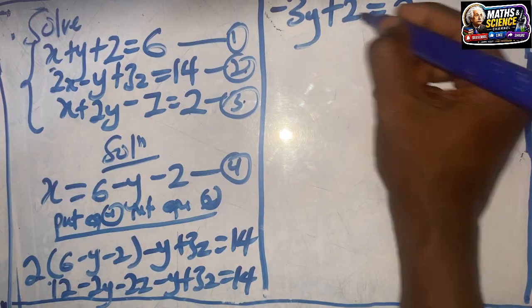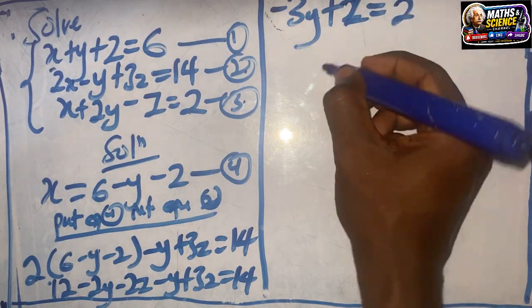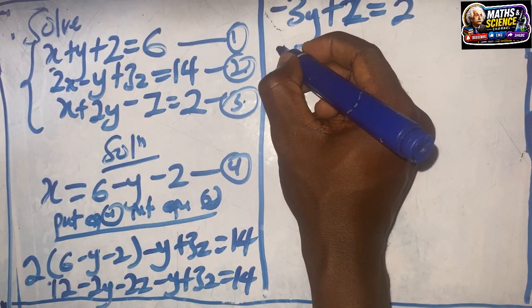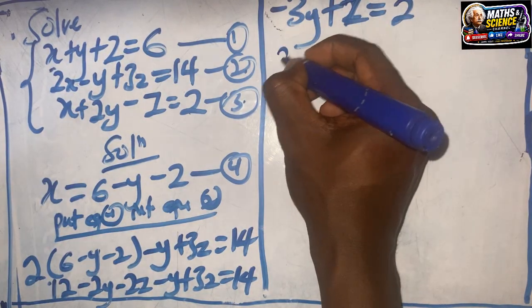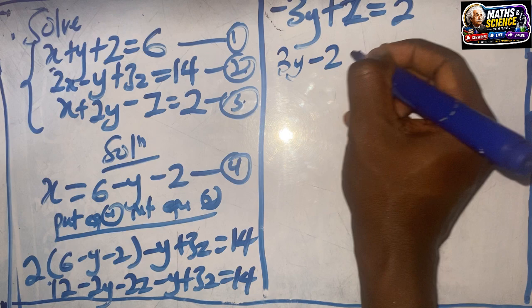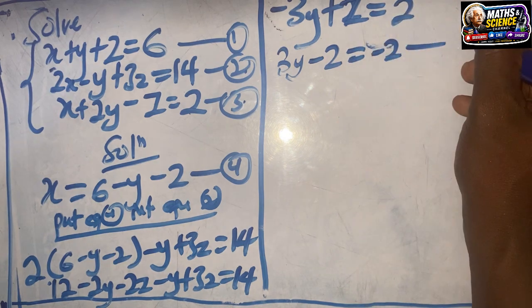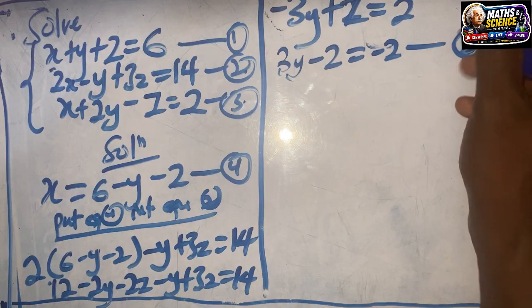Let's send this thing to the other side rather, so I have 3y minus z equals minus 2, and let me call this equation 5 in this case.